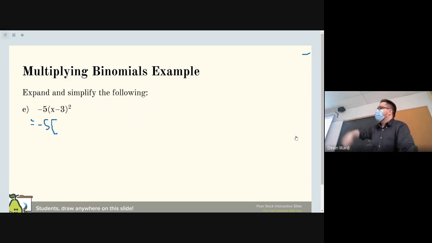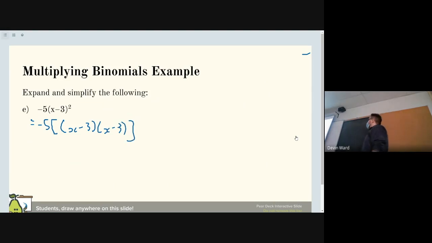Just keep that out front for the very end. Times x minus 3 times x minus 3. Okay, because the square just means that we're multiplying whatever is inside the bracket by itself twice. Okay, next line, leave that negative 5 out there.